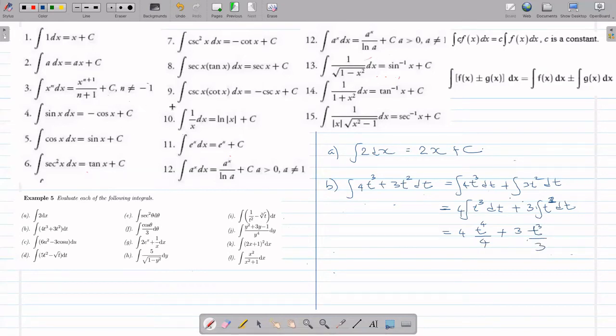Instead of putting two constants, I will just put one constant, because I can combine the constants. This constant has to be there. Now I can simplify a little. The 4 and the 4 cancel, and the 3 and the 3 cancel. So I get t to the 4 plus t cubed. Any questions?